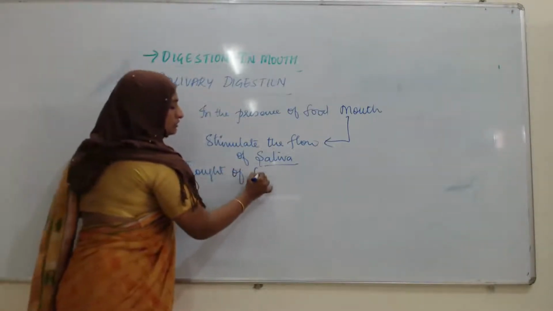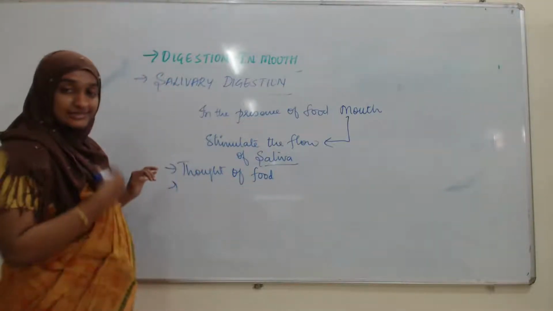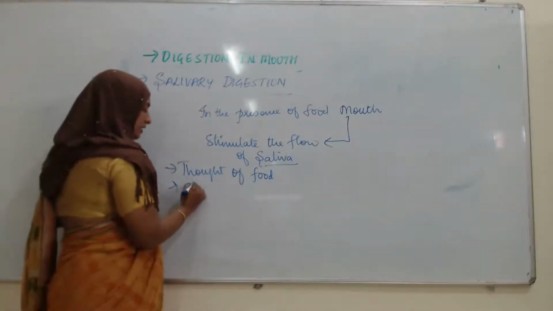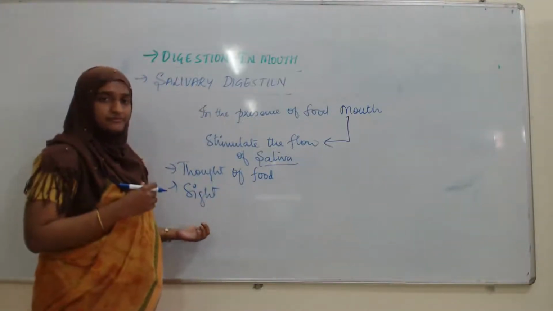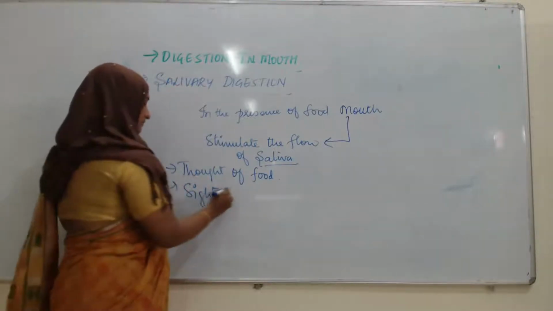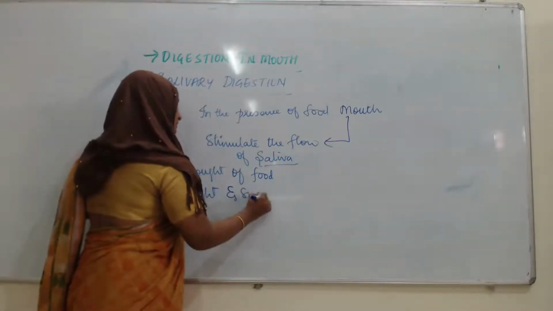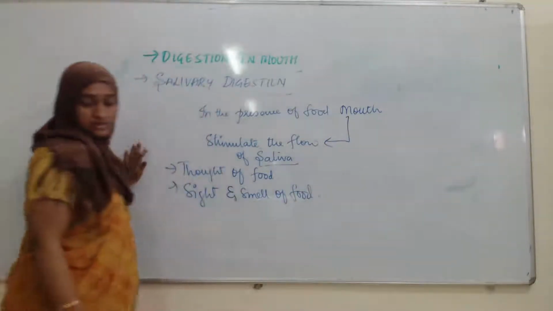Thought of food also stimulates saliva in the mouth, as well as the sight or smell of food. If you see some food items or smell some food, that also stimulates the flow of saliva.